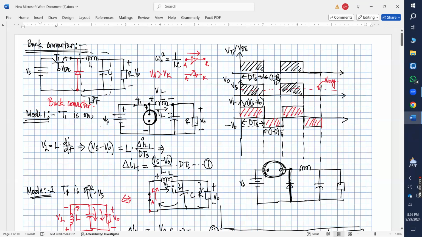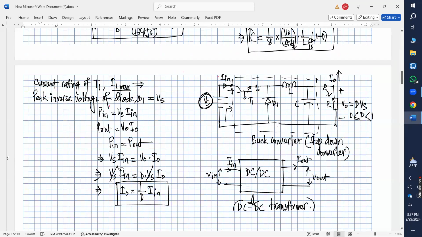Now what happens if we choose to put the inductor on the source side, or you can say we will be shifting these things towards the source, and the source will be connected to the inductor, and the load with the capacitor will be connected after a switch.